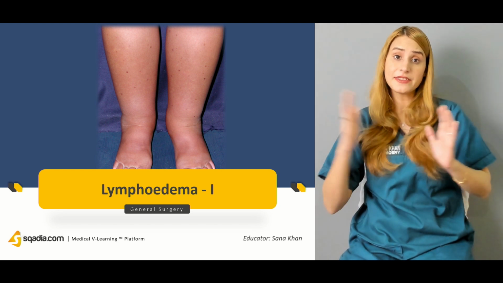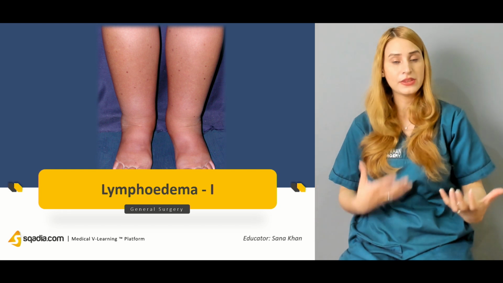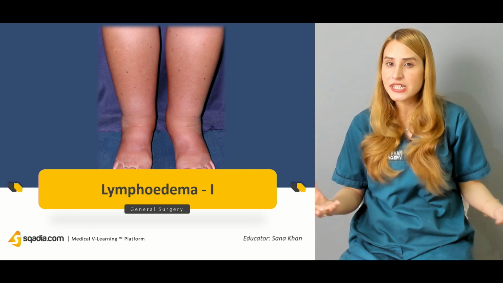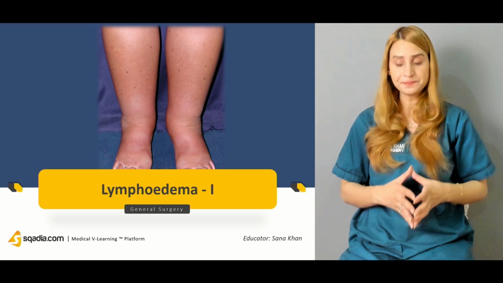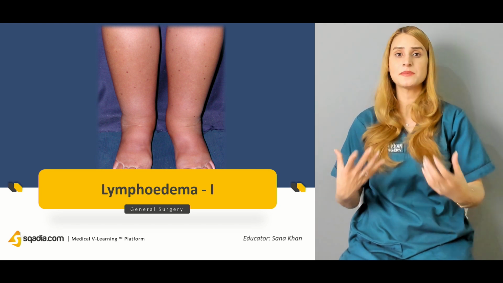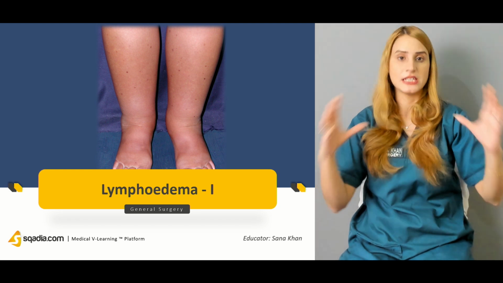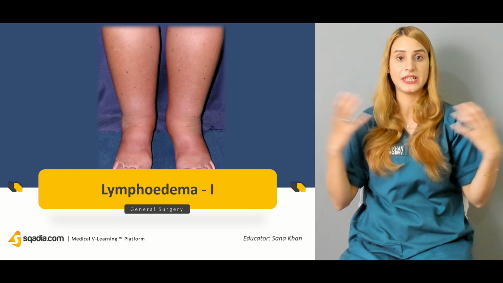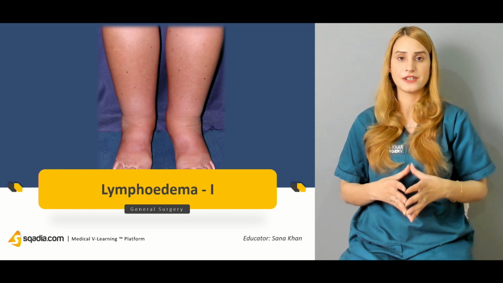But there's another system, which is the lymphatic system. If we particularly talk about the venous system, it is meant for draining all the deoxygenated blood from the tissues back into the heart, and it goes to the lungs for oxygenation.